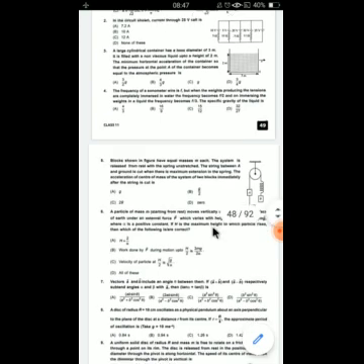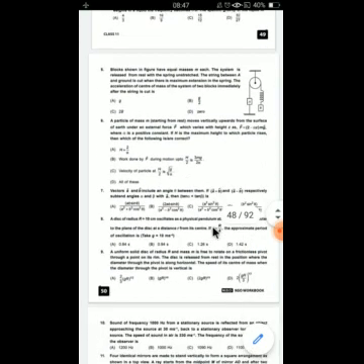Come to the next question, number 6. A particle of mass m starting from rest moves vertically upward from the surface of the earth under an external force F. Here the direction is also given. F varies with the height z as F equals (2 minus alpha z) mg, where alpha is a positive constant and h is the maximum height the particle rises to.